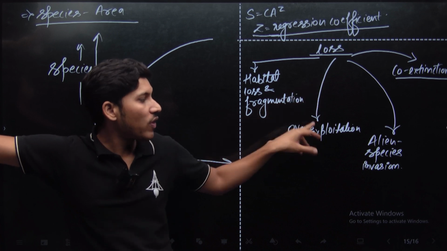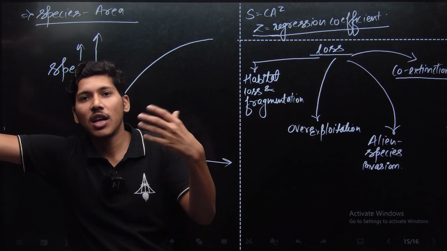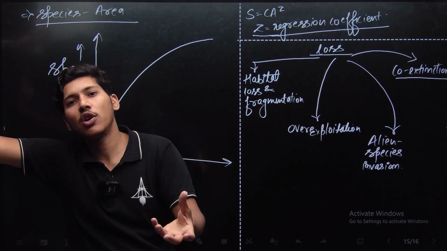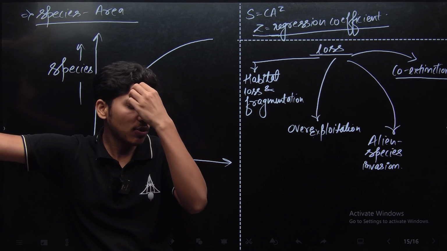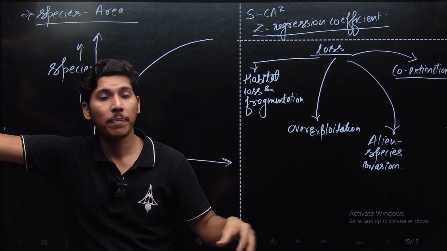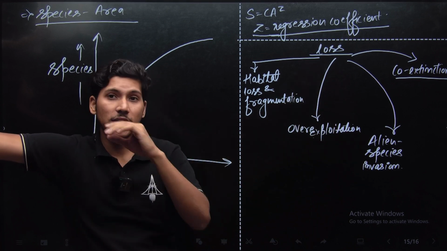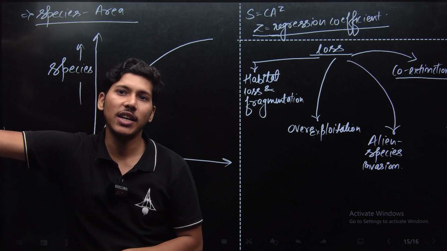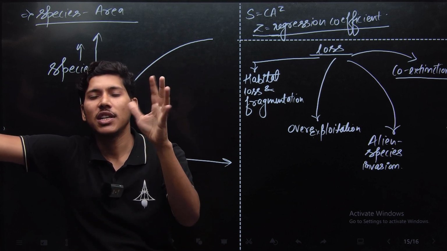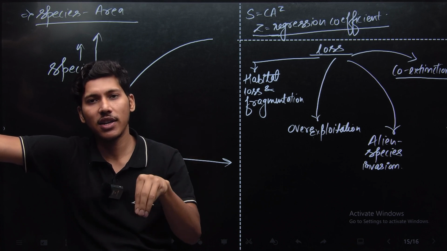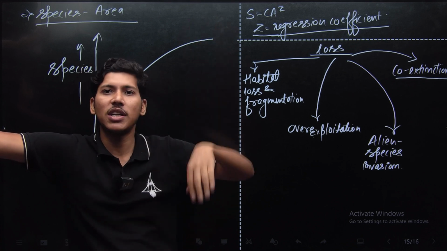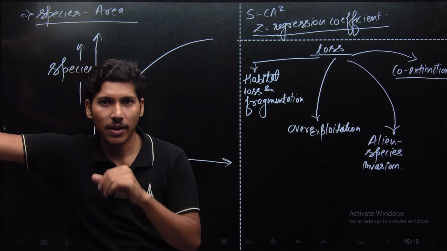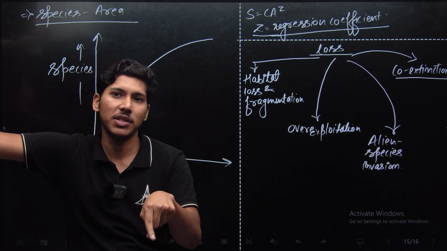Or else overexploitation, illegal poaching, illegal killing of animals. It also leads to biodiversity loss. Alien species invasion: if we introduce any alien species into an indigenous area, that alien species will not have its natural predator in this new population, because its natural predator was present in some other area from where you brought that alien species.